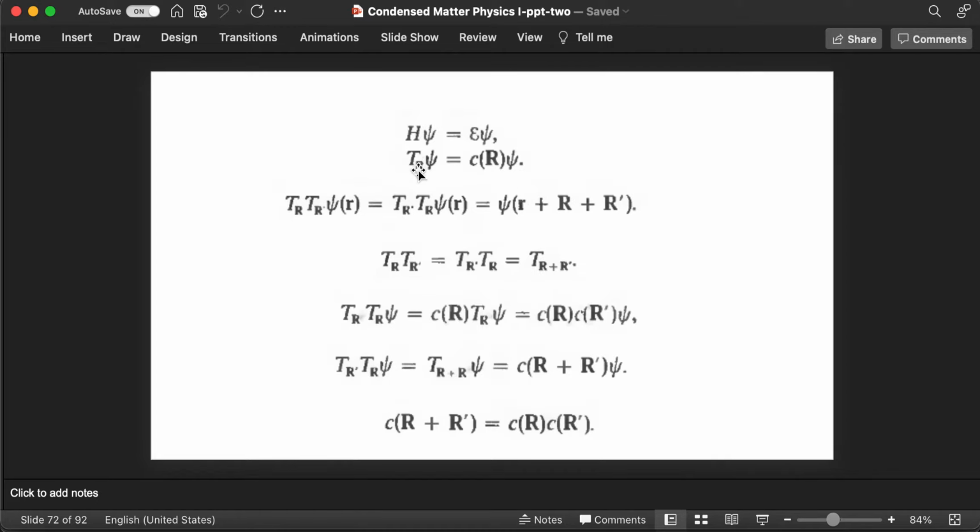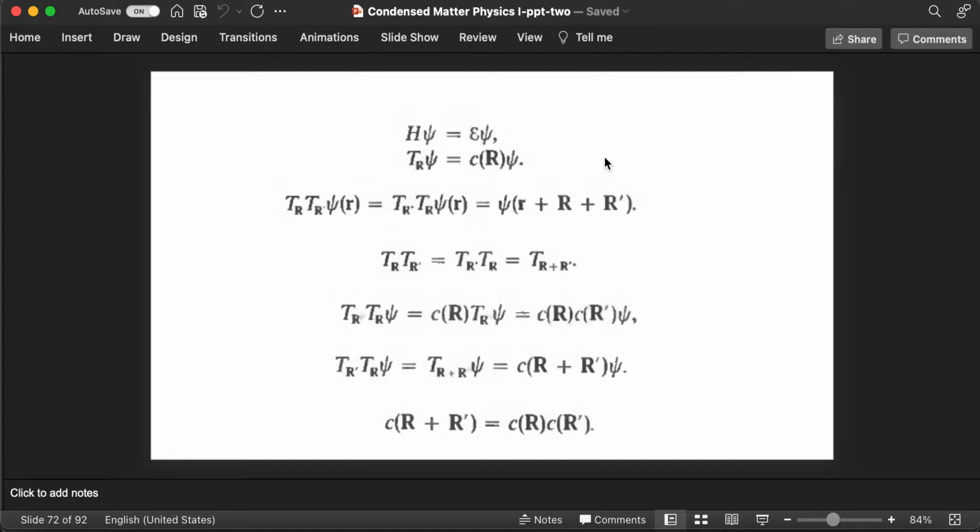I can choose eigenfunctions which satisfy the eigenvalue equation for the operator T_R. Let's say the eigenvalue for T_R is some C of R, and that same eigenfunction will give me an eigenvalue for the Hamiltonian, in this case the energy. That's one of the basic things that you studied in quantum mechanics, so I'm just using that.